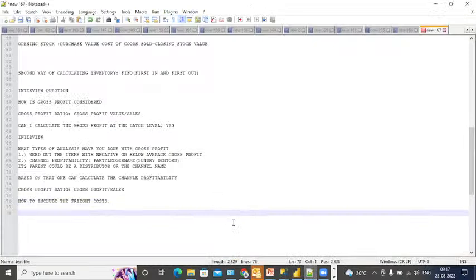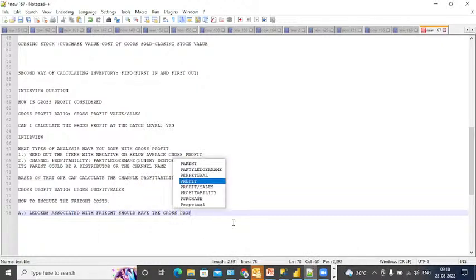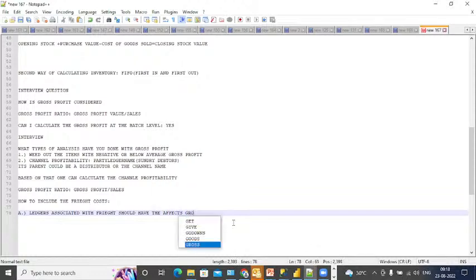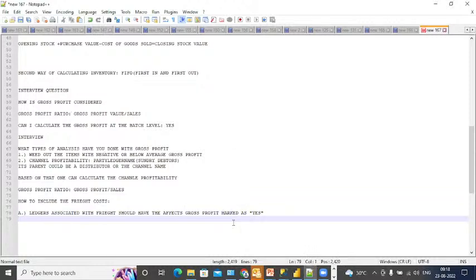So what you need to do is you need to say that ledgers associated with freight should have the gross profit, FX gross profit marked as yes. Right. And from there on, then you should be able to calculate that.